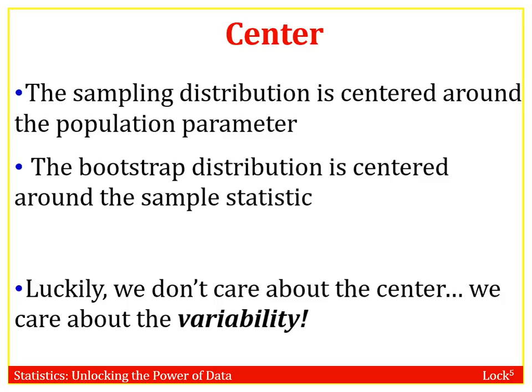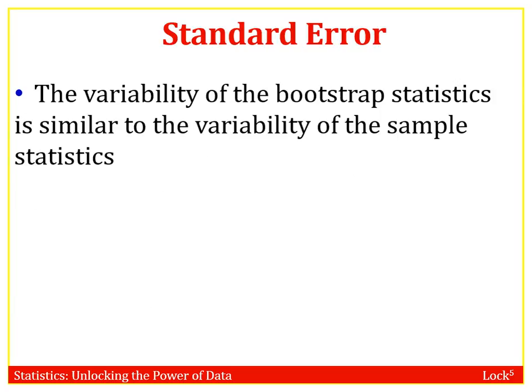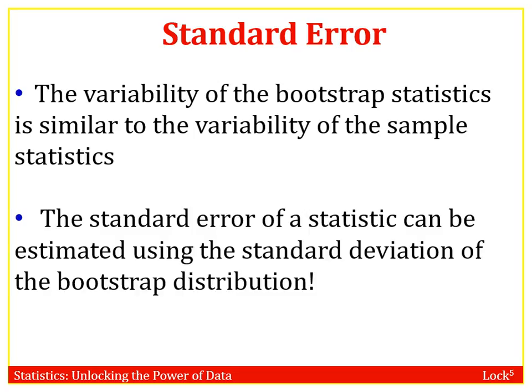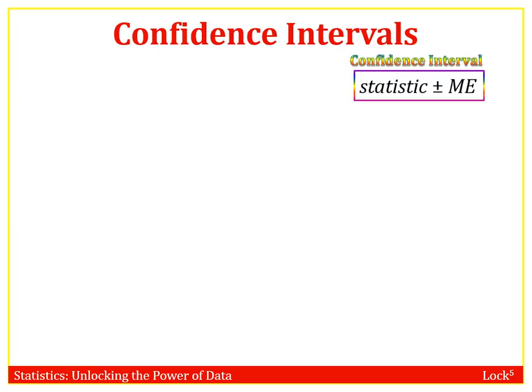Is that a problem? Not really, because we're more concerned about that variability, which is that kind of standard error that we're looking for. The variability of our bootstrap statistic is very similar to our sample statistic. And remember, our standard error is the standard deviation from our bootstrap distribution.